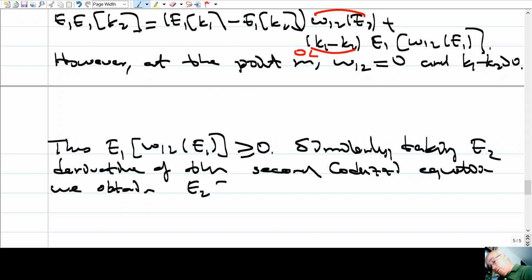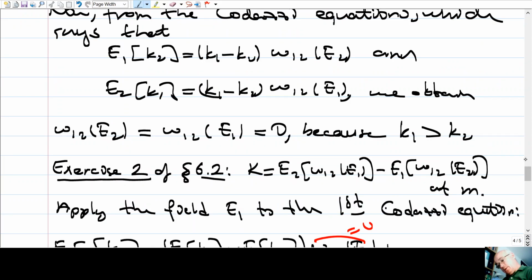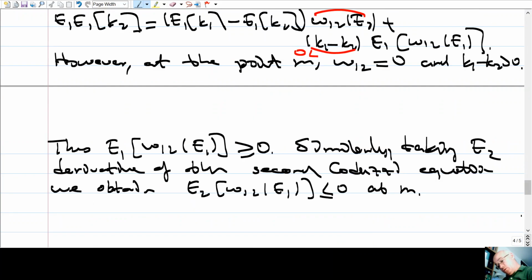E2 of omega 1 2 of E1 is negative at M. Let's see. No, it should be E2. Okay, so this should be E2.